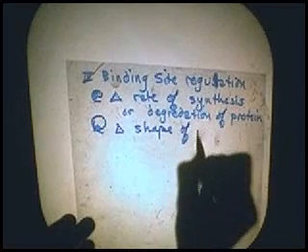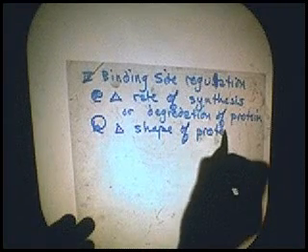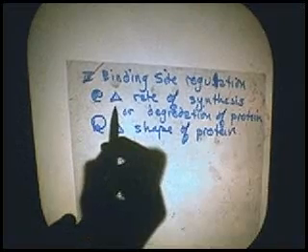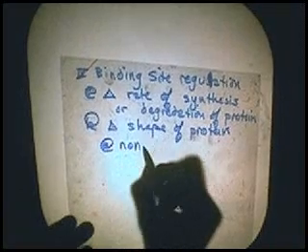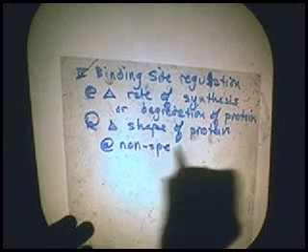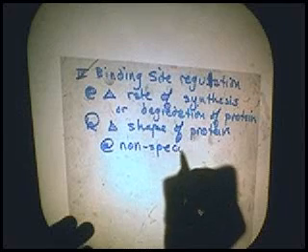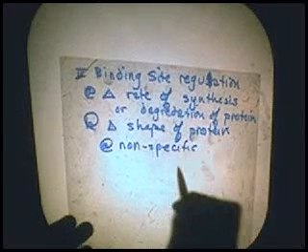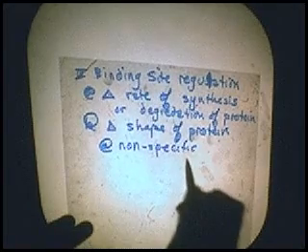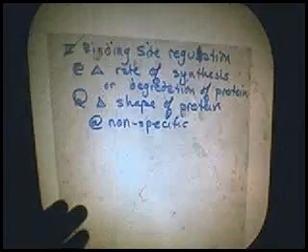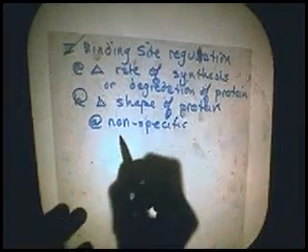Another way is through changing the shape of the protein itself. You all know what delta stands for, right? Change? Okay, good. And then there are some non-specific mechanisms that can change the shape of the protein, and those actually affect all receptors of that particular type.